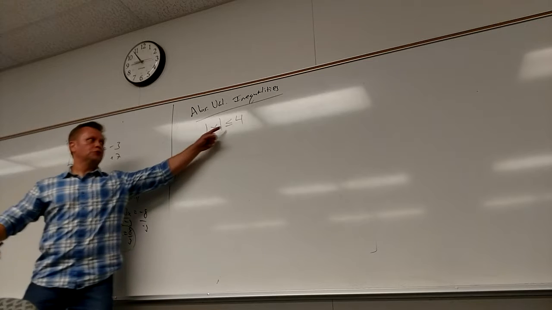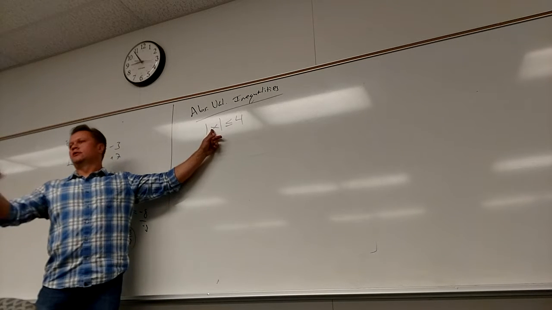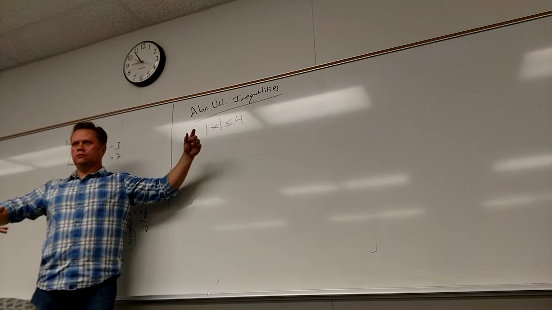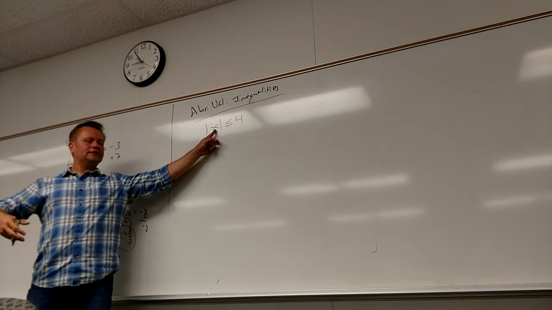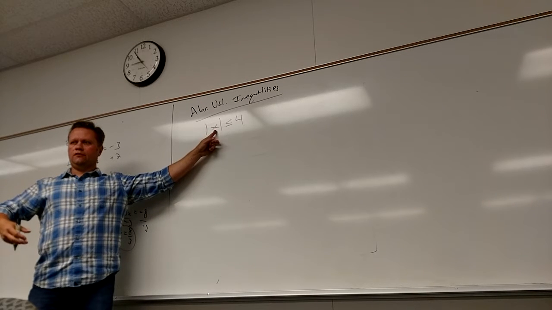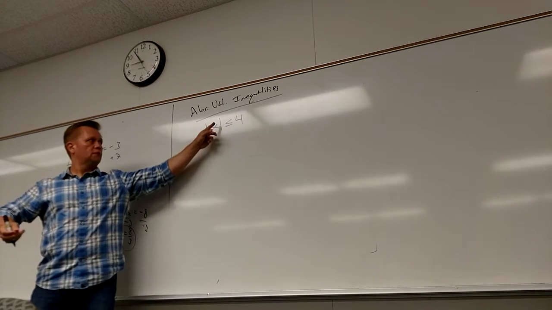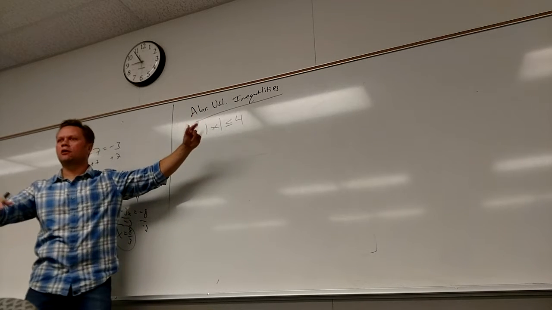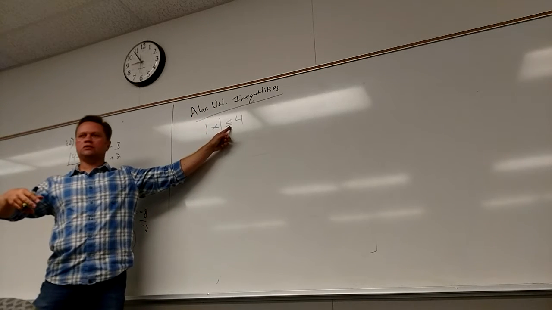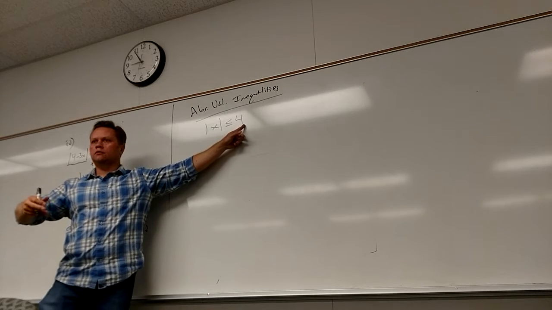Now, if this was an equal sign, the answer would be 4 or negative 4. Is that cool? This one says, I want the distance from 0 to be at most 4.